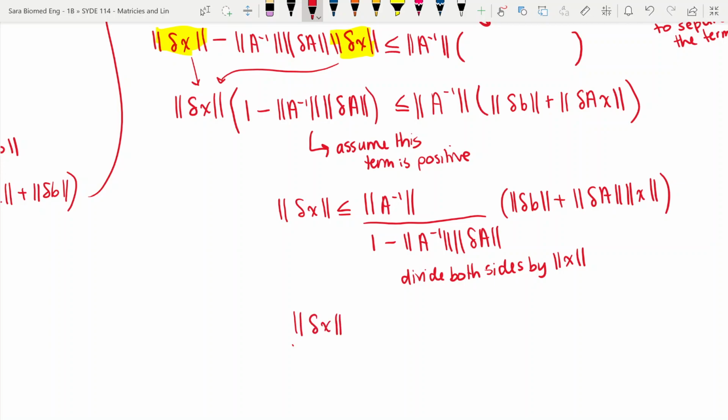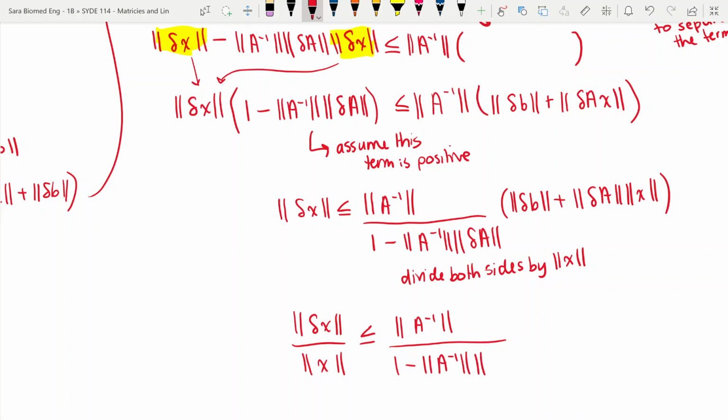And right now, you can either put the norm of x somewhere here, or we can put it into the bracket. Here I'm going to put it in the bracket, and you'll see why in a bit. So what's outside the bracket will stay the same: it's 1 minus A inverse norm times delta A norm.